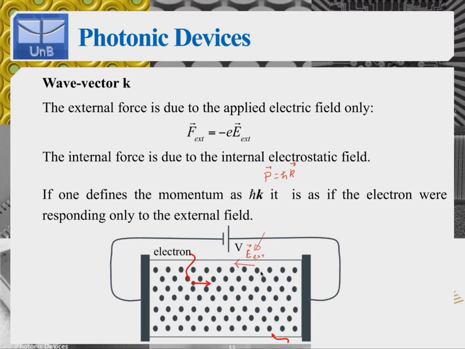Okay, so this is very useful because it can be shown that we can disregard the internal electric field due to the periodic arrangement of atoms and treat the electron as if it were a free particle moving inside the solid with exactly this momentum.